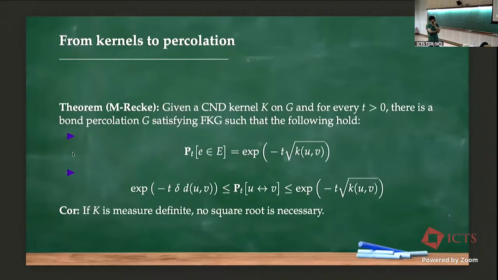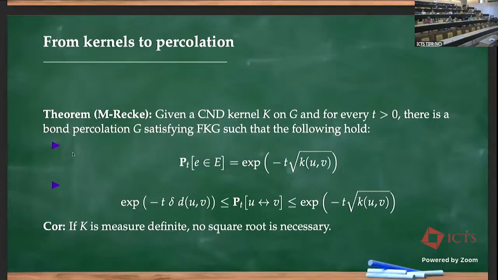So if I understand your question correctly, you have two properties here, the first and the second. The first is saying that the probability that an edge is open. So this tells you what exactly that probability is in terms of the kernel that you start with.